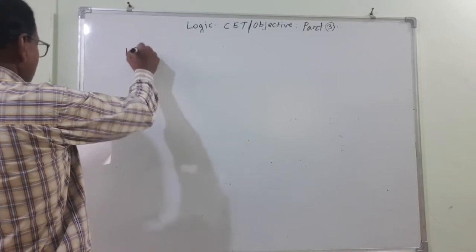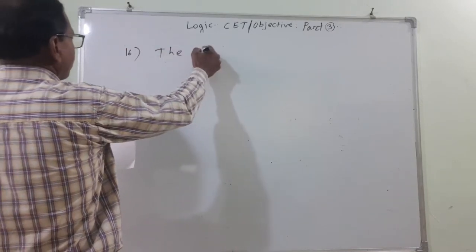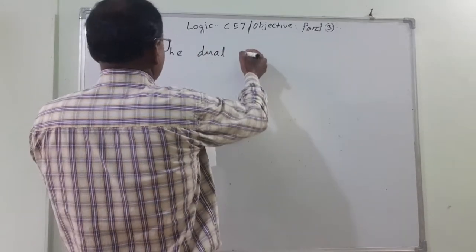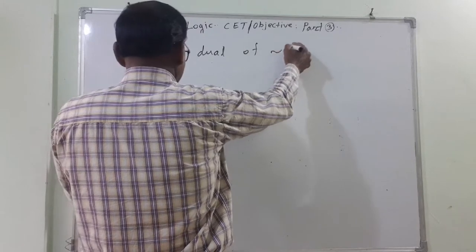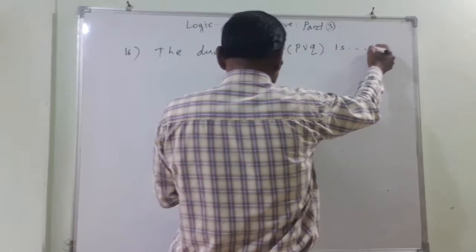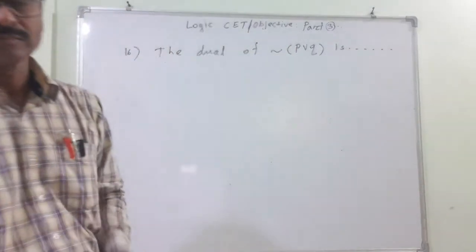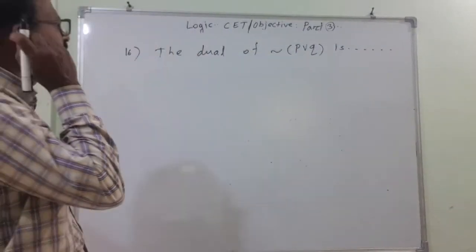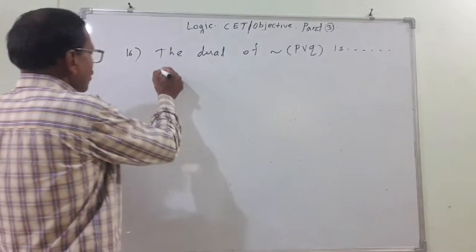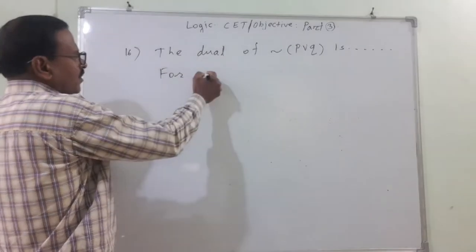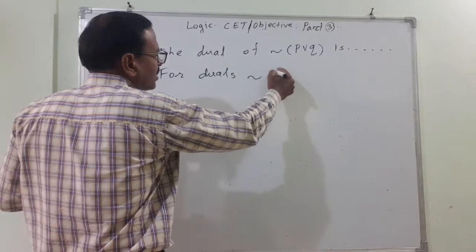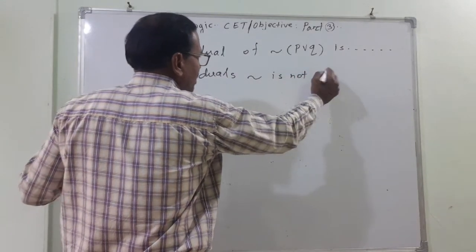Now the 16th one, the dual of negation P or Q. This I have taken already in the theory. For duals, I know the negation sign is never changed. Always remember this.